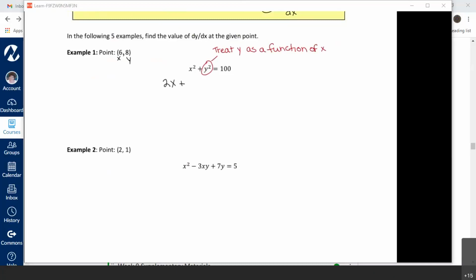The outside function is y squared, and the inside function is this y function I can't see. So when I take the derivative of the inside function, y, it's just going to be dy dx. So I'm going to apply the chain rule here.